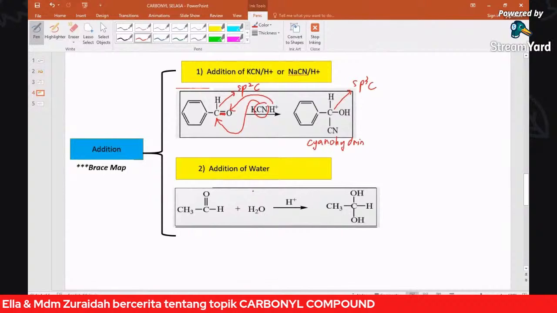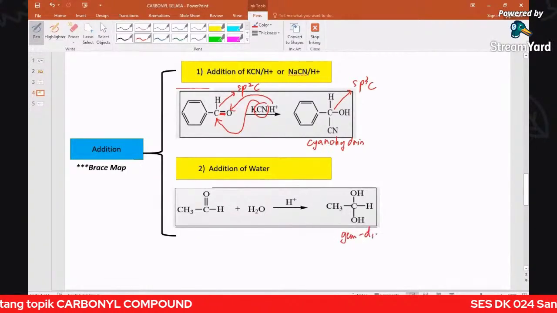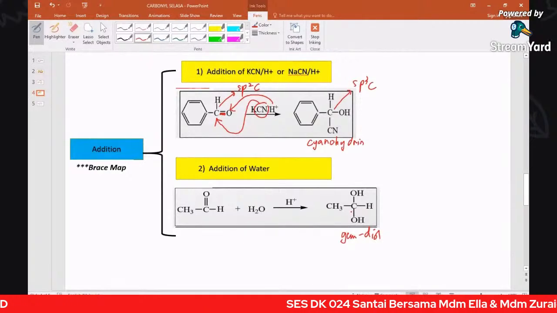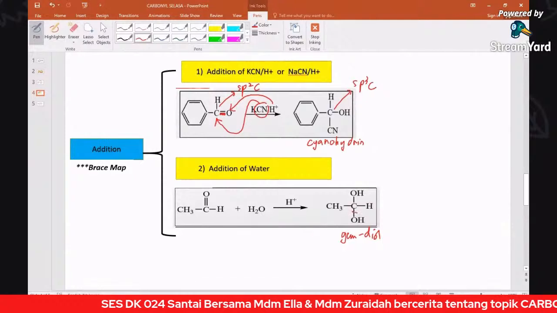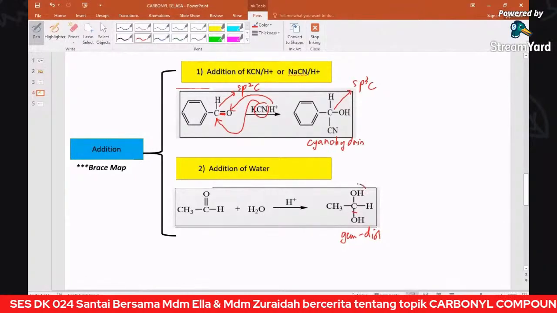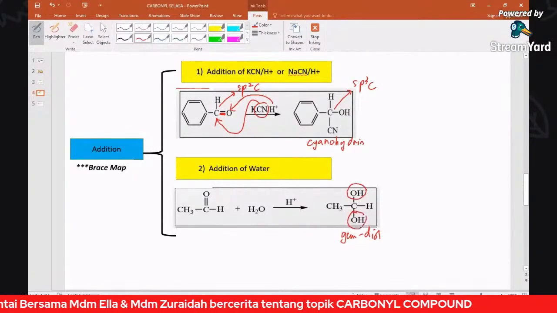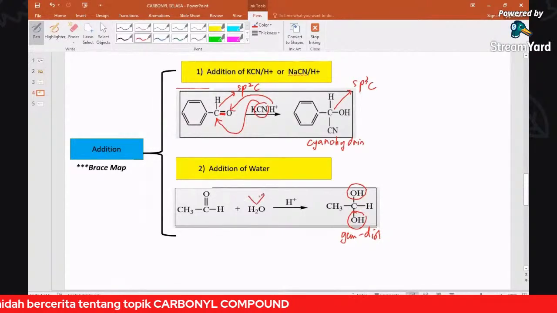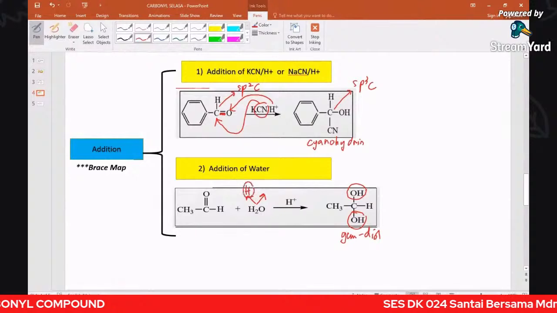For addition of water, we actually form the gem-diol compound. What is the gem-diol? Gem-diol means the carbon that has two OH groups at the same carbon. From the H2O out here, we take the H and OH.